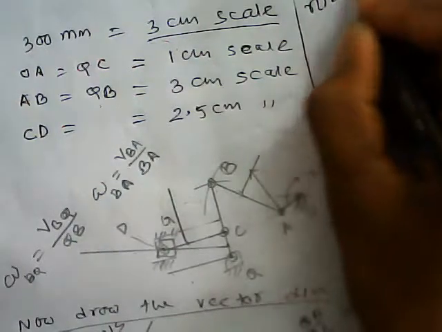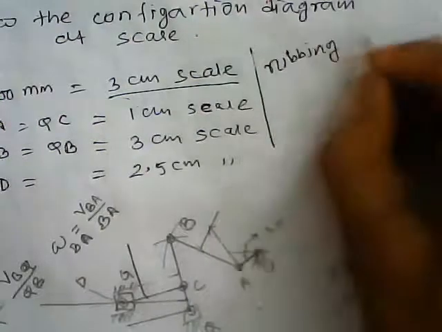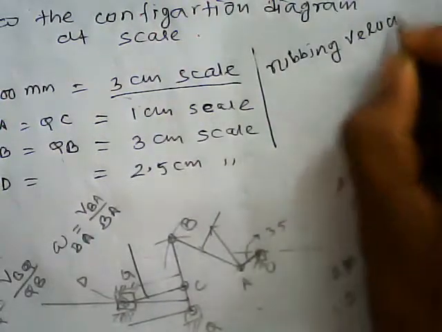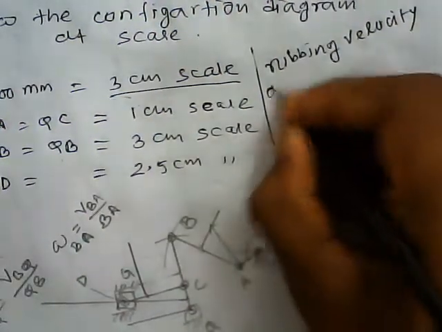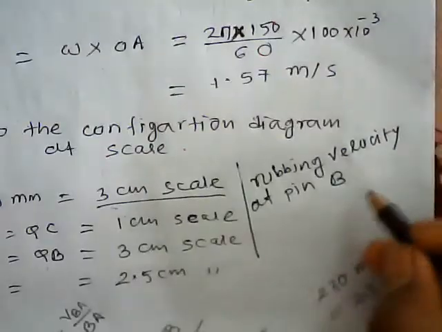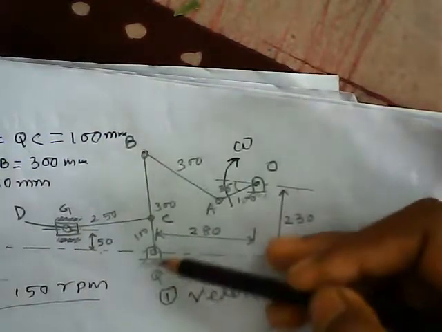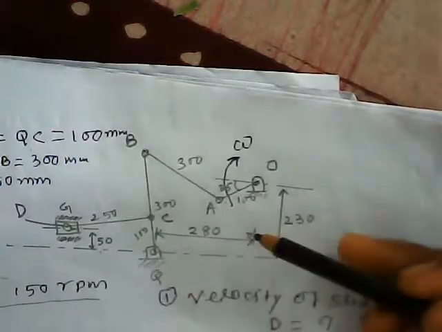Now rubbing velocity at the point B. At point B, QB and AB intersect.